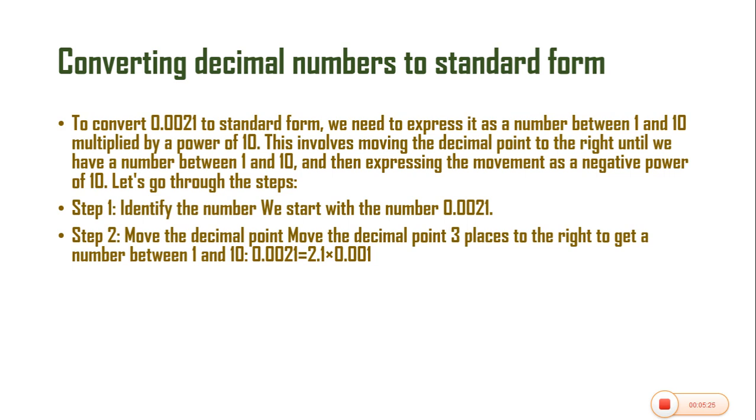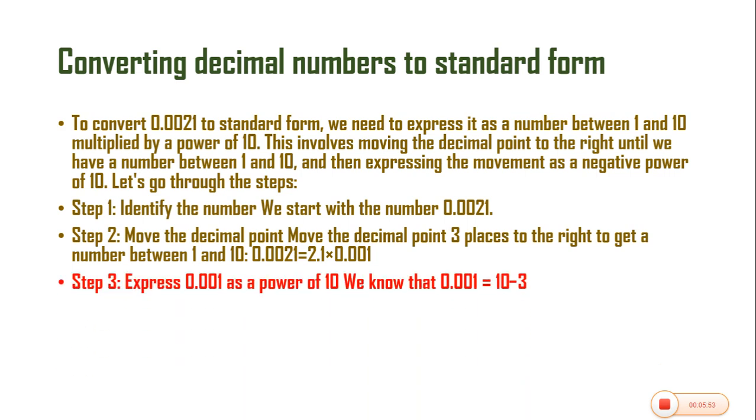So 0.0021 is equal to 2.1. We move 3 places to the right. 2.1 times 0.001.